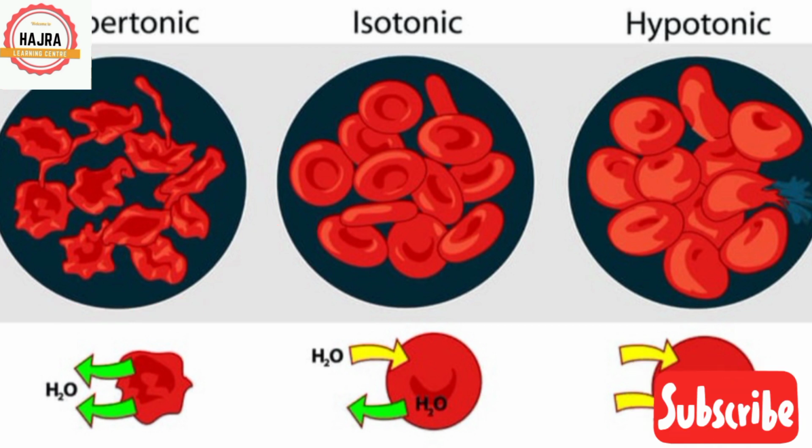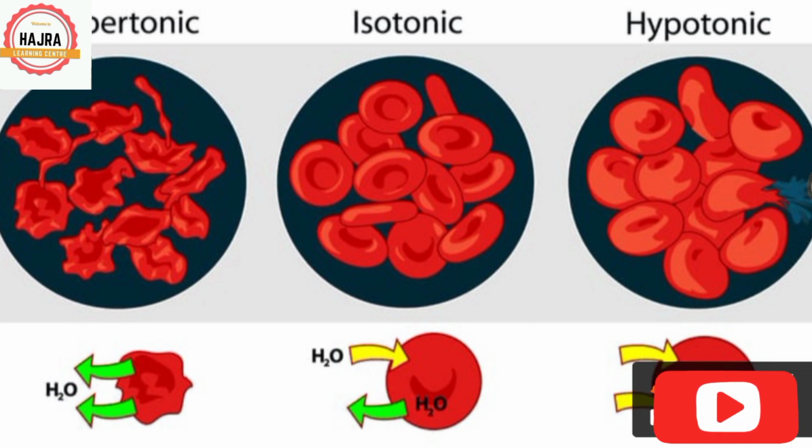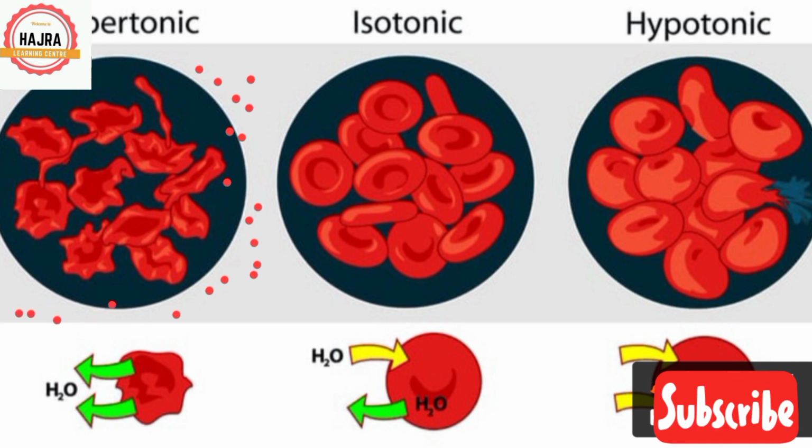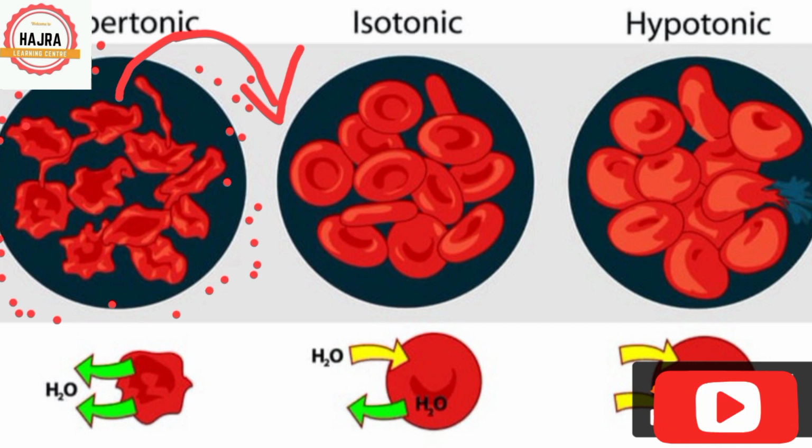Hypertonic means the amount of solutes outside the cell is higher as compared to the inner side, but the water molecules at the inner side of the cell are higher in amount. So water will always move from the higher concentration towards the lower concentration, and in this way the cell will shrink and crenation will form, and it happens in red blood cells.